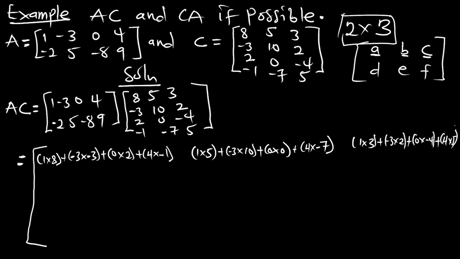Looking at the D, D is on second row, first column, meaning now we are going to work with the second row and the first column. Are we okay?